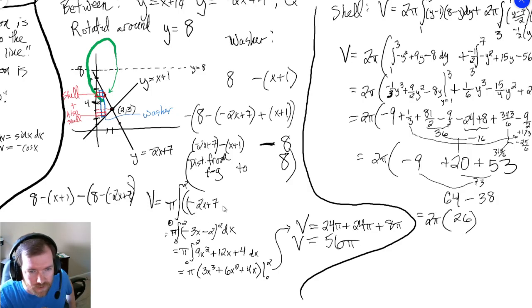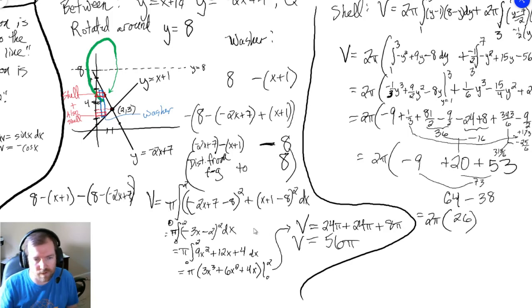So then that minus 8 parentheses squared plus g was x plus 1 minus 8 parentheses squared dx. All right, let's try that.